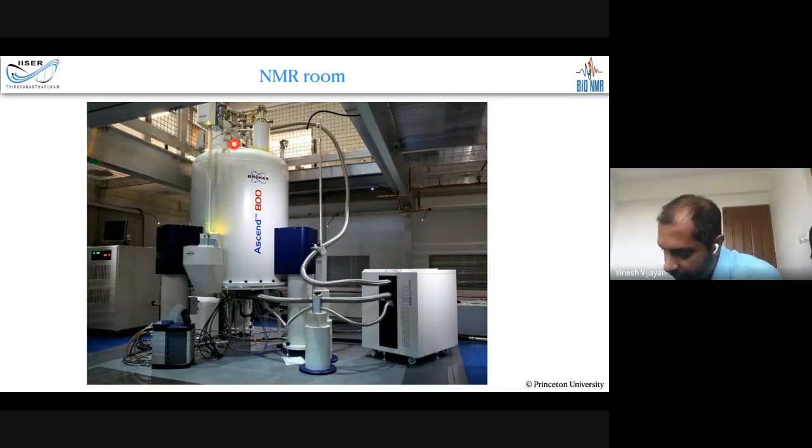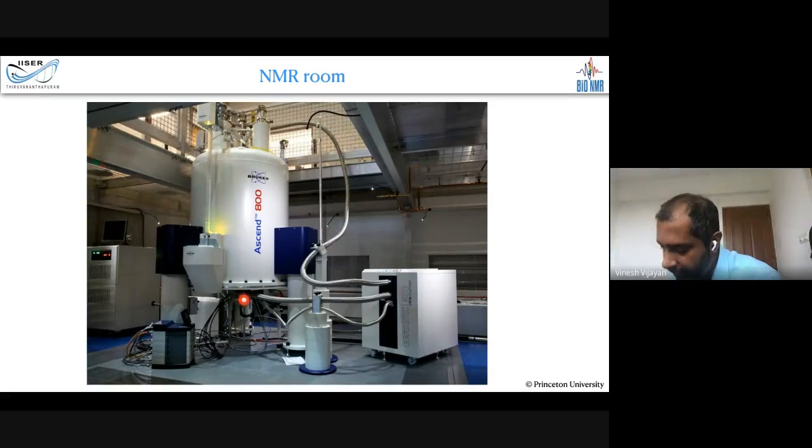This is the magnet, a huge magnet. This is a preamplifier. There is also, of course, a computer that sits and controls the spectrometer, and the person who should be able to control the spectrometer. The signals, meaning the radio frequencies, everything is synthesized here, which is then fed to this region, which then goes into the probe.